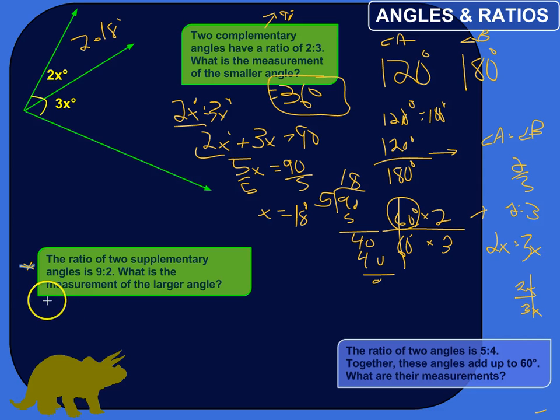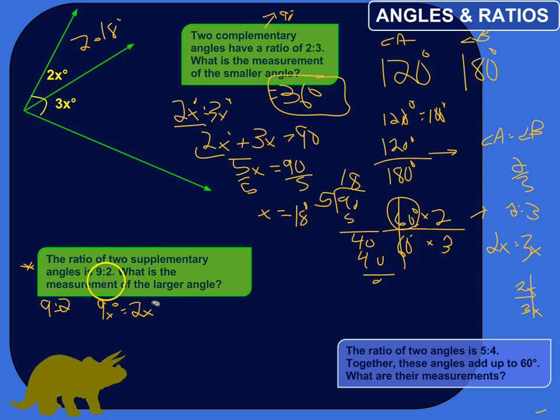If they have a ratio of 9 to 2, their measurements would be 9 times some number degrees and 2 times some number. We can figure out what that number is, and then use it to find the measurement of the larger angle. So we want to find the value of 9x degrees.